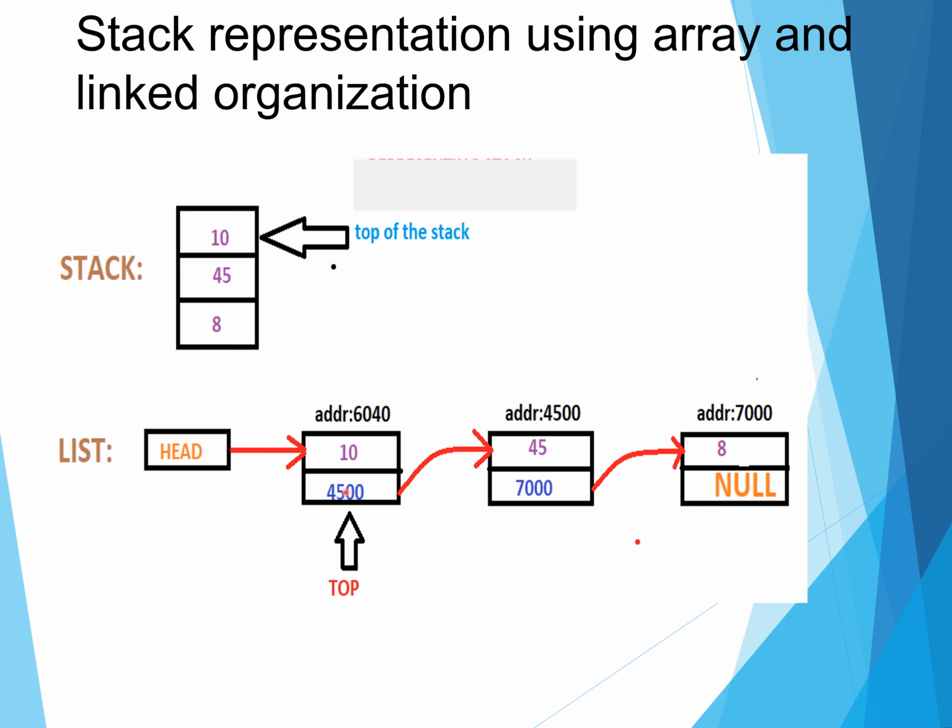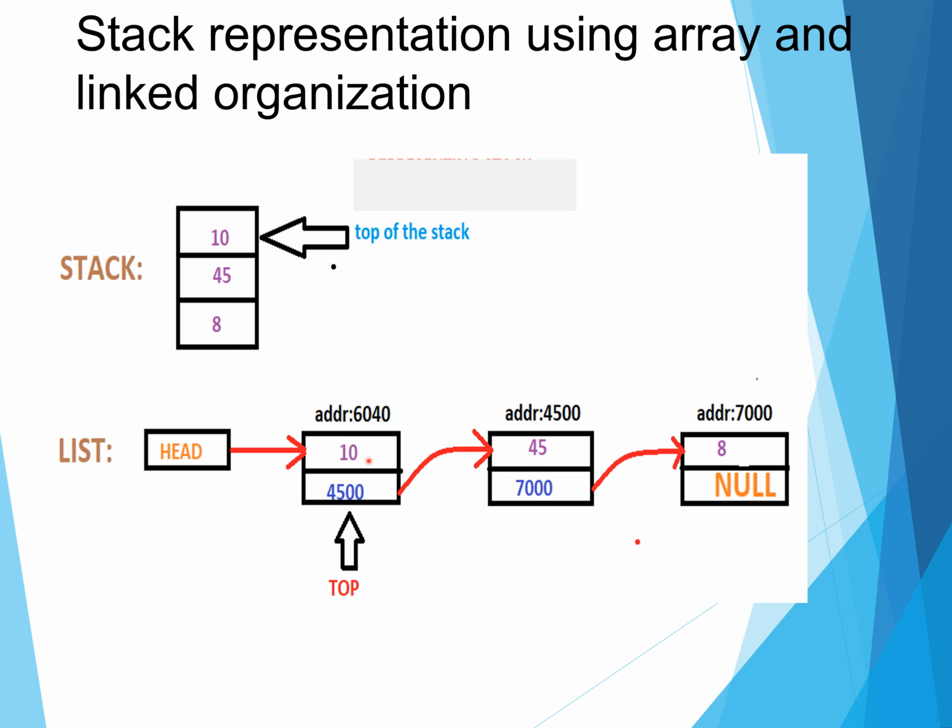The address field is used for the connection between two nodes, so it stores the address of the next node. Suppose head is a pointer used in a linked list to store the address of your first node, that is the top node. The top node is 10 and the address of that node is 6040. So that value is stored in head.